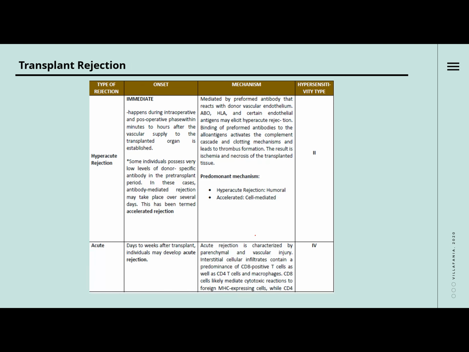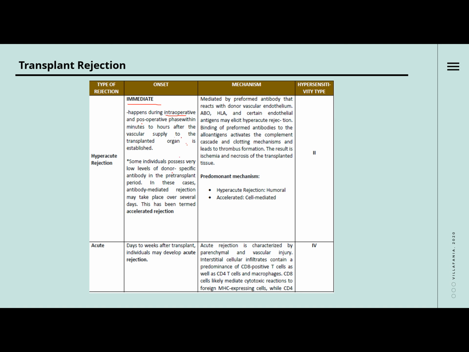So there are different types of transplant rejection. We have two types class, yung hyperacute and your acute rejection. Now kapag hyperacute class, take note that there would be an onset. So the onset for hyperacute, from the word hyper, is that it would be immediate. It happens during intraoperative and post-operative phase within minutes to hours after the vascular supply to the transplant organ is established.